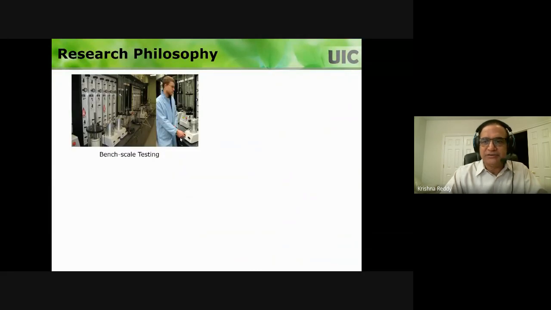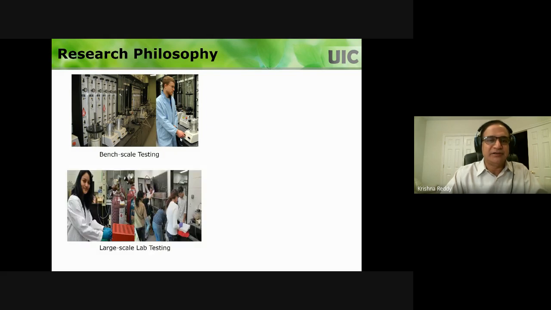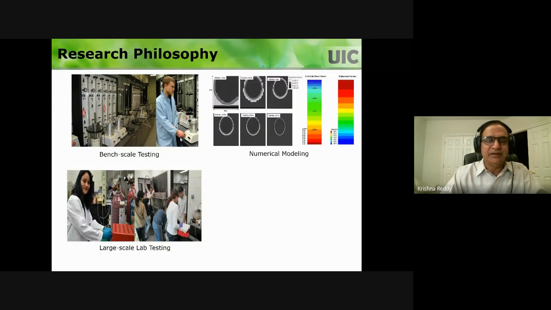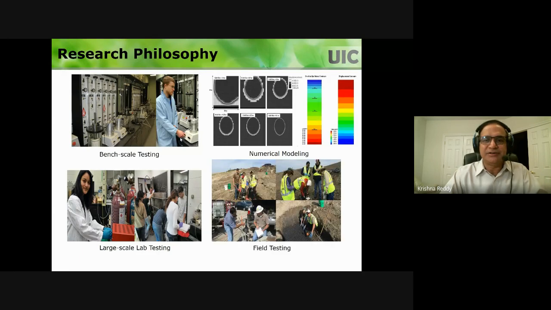In my research, I always say that the research is not aimed at publishing papers, but at solving real world problems. We identify a real world problem, come up with a solution idea, and test it in bench scale testing and large scale lab testing. Then we do the modeling and design the scale up systems, and in the field we try to see if it works.